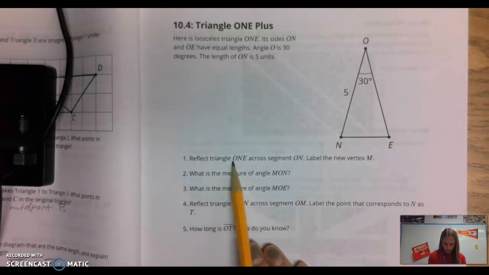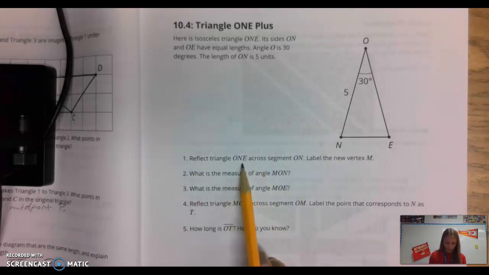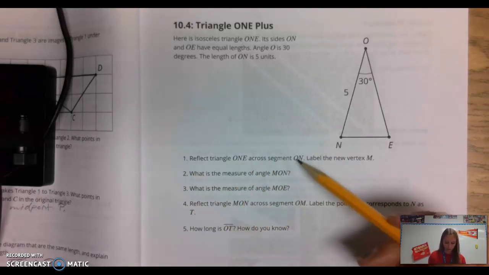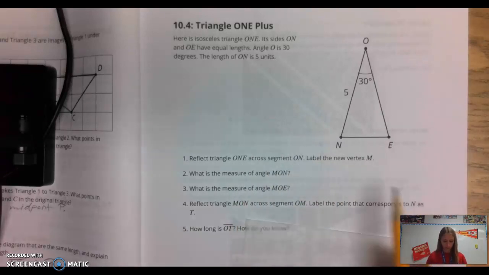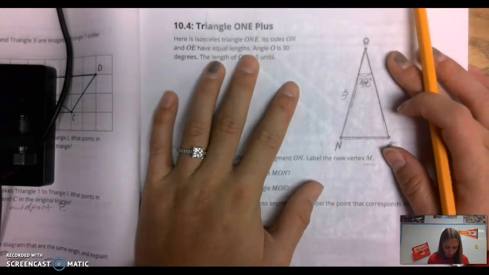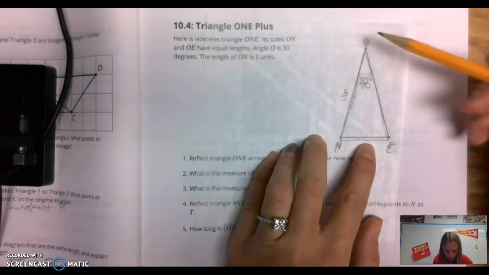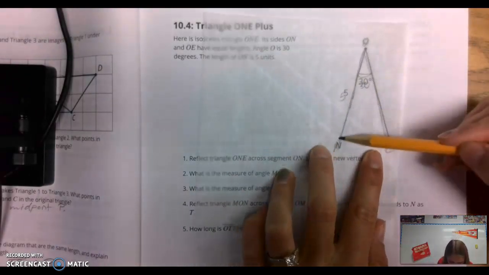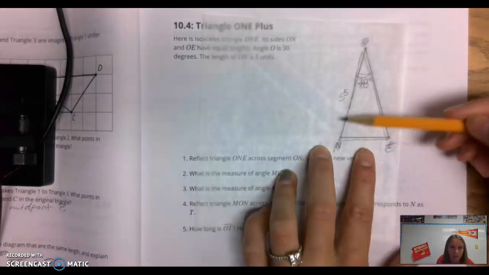So right here it says reflect triangle 1 across line segment ON, and then label that new point M, okay? So I already have mine traced, so go ahead and do that. And I'm reflecting on segment ON here, okay?